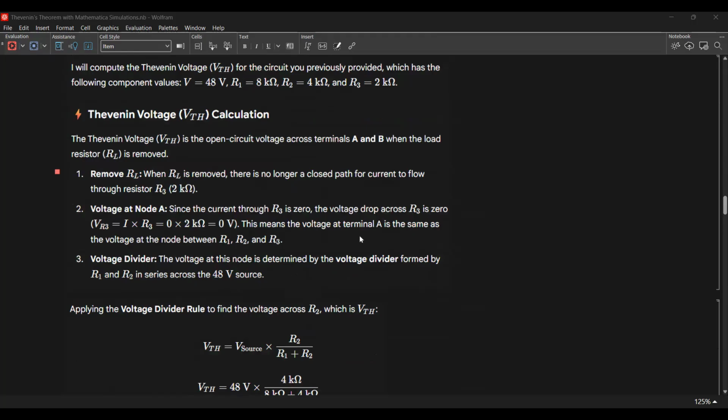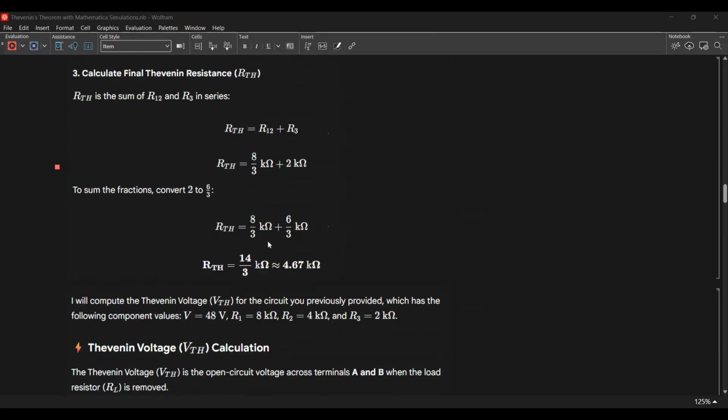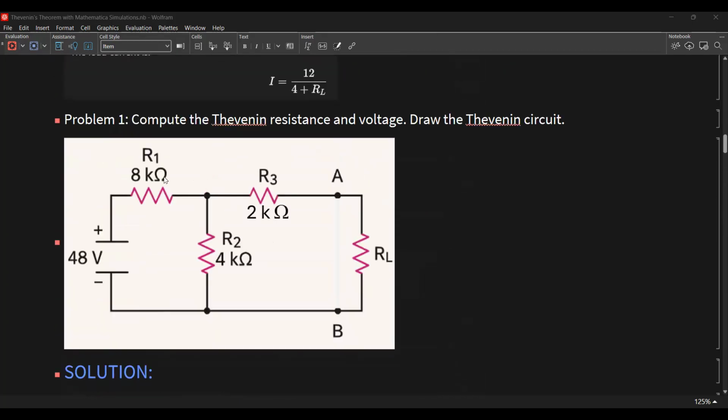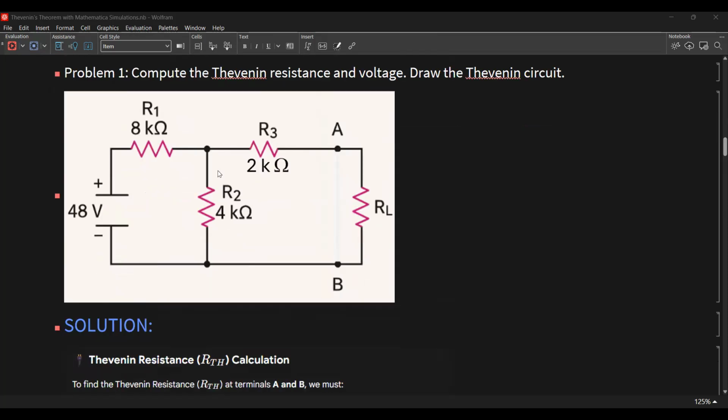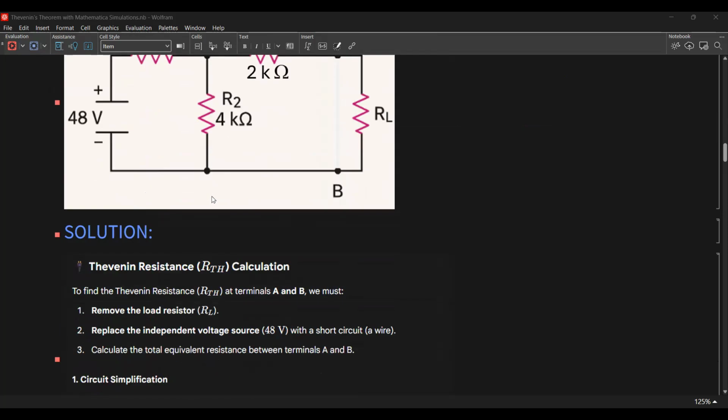This means that the voltage at terminal A is the same as the voltage at the node between R1, R2 and R3. So we have the node here between R1 and R3, and this is the node between R1 and R2.